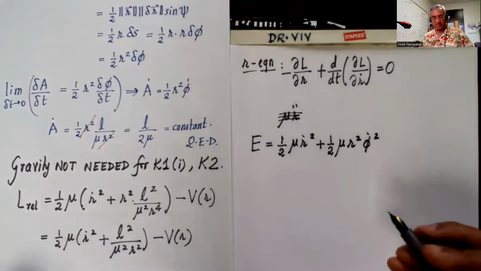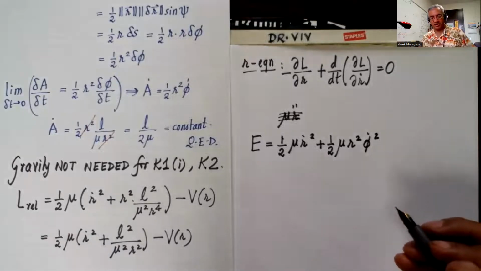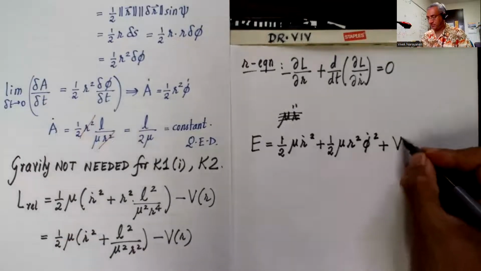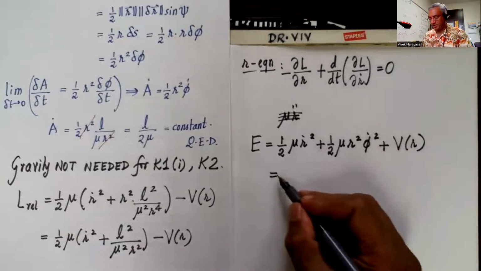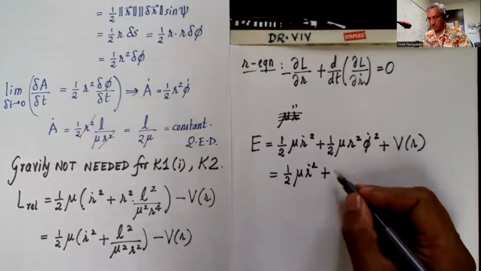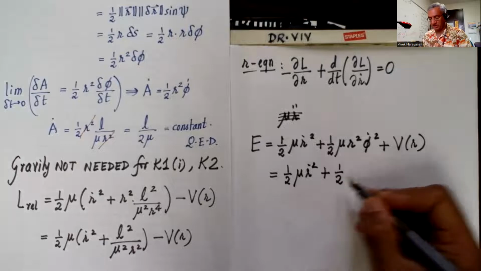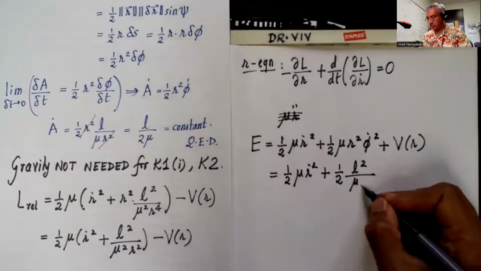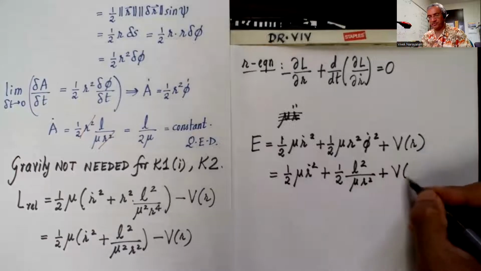I'm going to write in terms of phi dot squared instead of L squared. If I want to write it in terms of L squared, I'm going to get 1/2 mu r dot squared plus 1/2 L squared over mu r squared plus V of r.